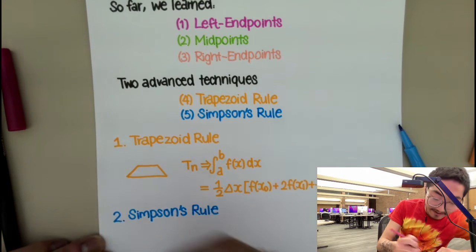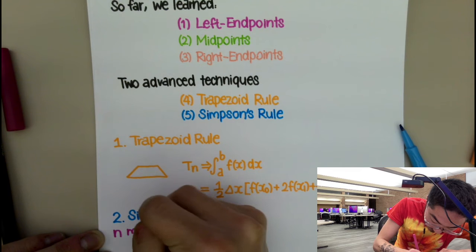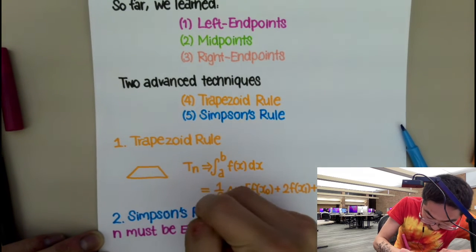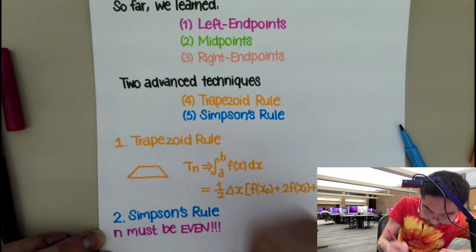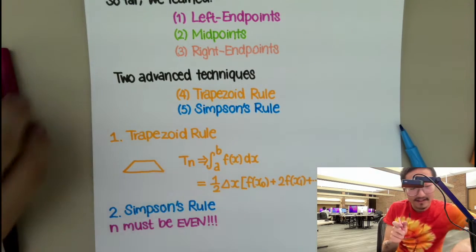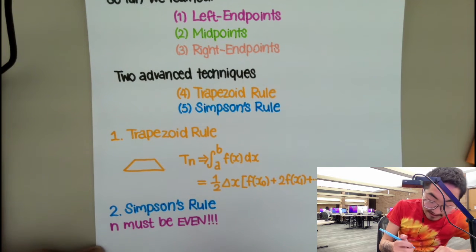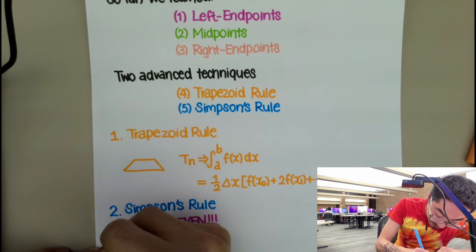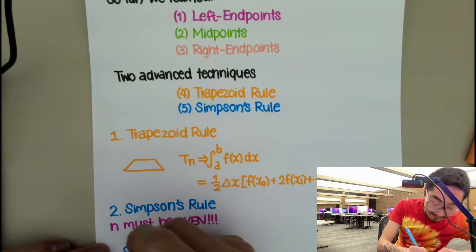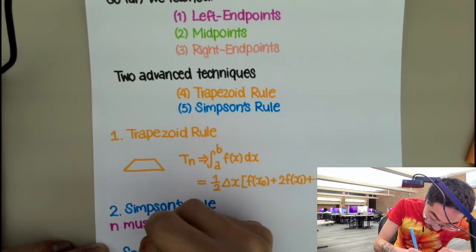So n must be even. And how we write it is S_n, the Simpson's rule of the same integral.